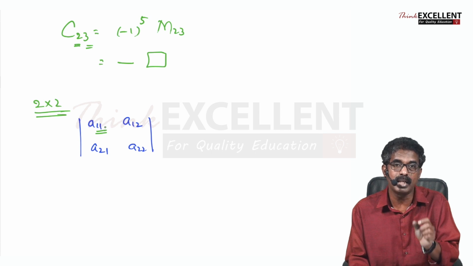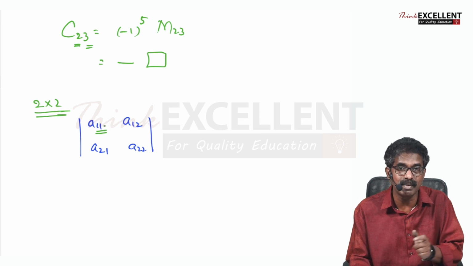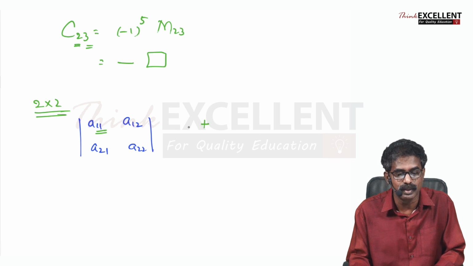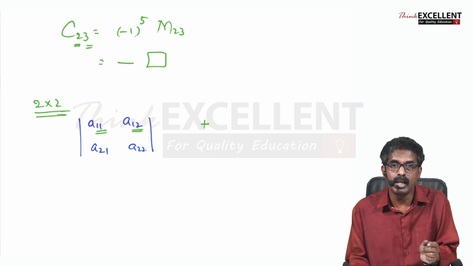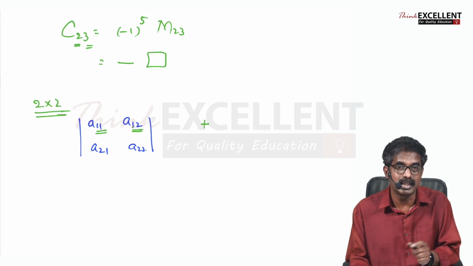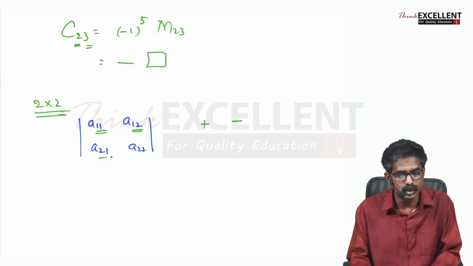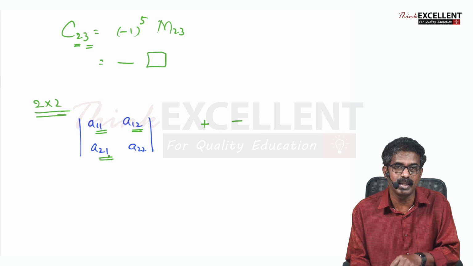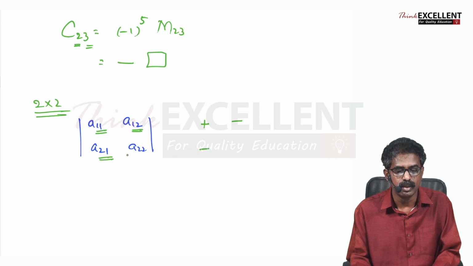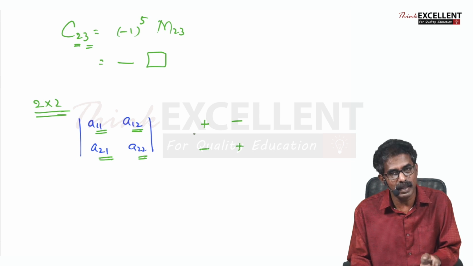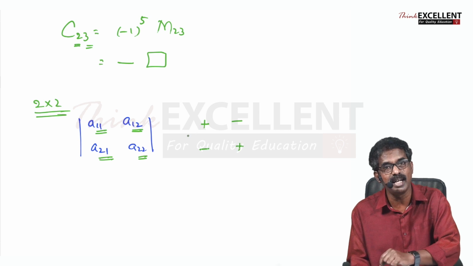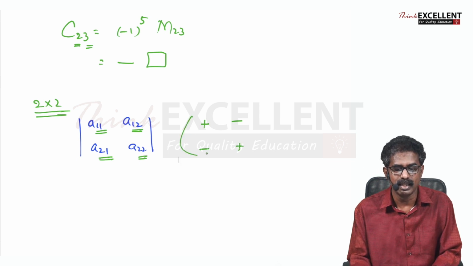So minus 1 raised to 2. 2 is an even number. Even number means positive. Next one, 1 plus 2. 1 plus 2 is 3. 3 is an odd number, so negative. Below that, 2, 1. 2 plus 1, 3. Odd number, negative. 2, 2. 2 plus 2, 4. Even number, so plus. With that you have to attach the minor. Okay, so this gives the sign.